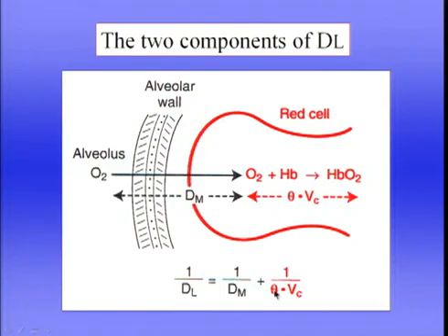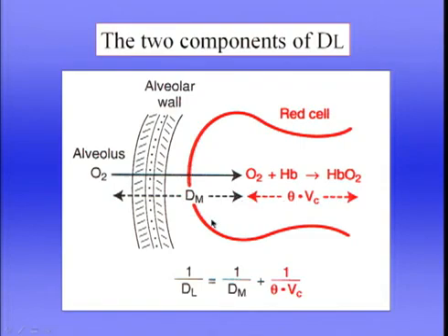So we're able actually to change theta, and that allows us, and I won't go into the details, to separately measure the diffusing capacity caused by the physical process of diffusion and the resistance caused by the rate of reaction of either oxygen or carbon monoxide with the blood.